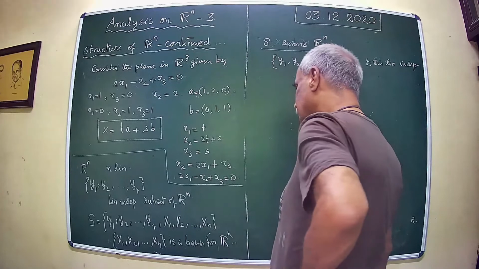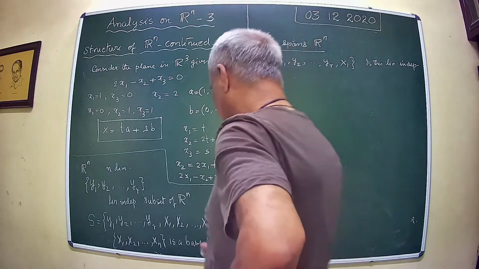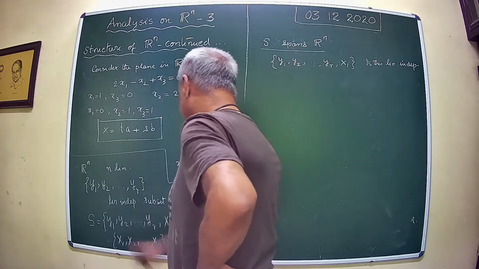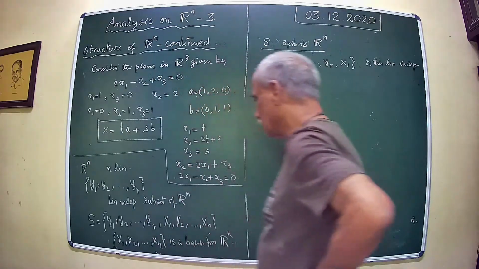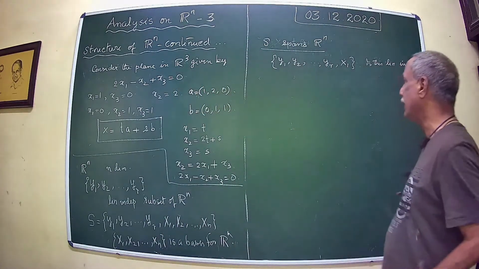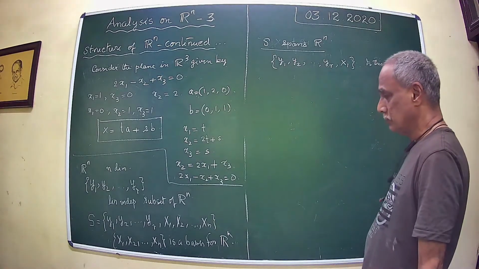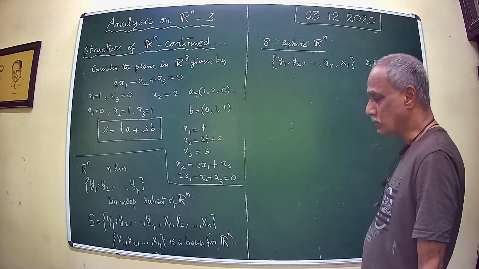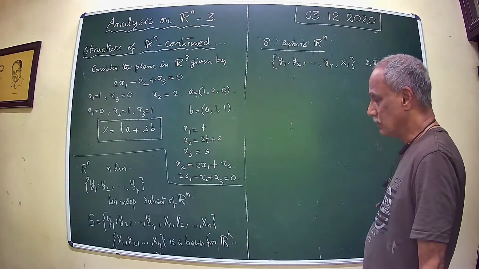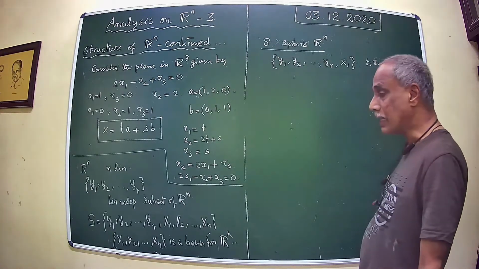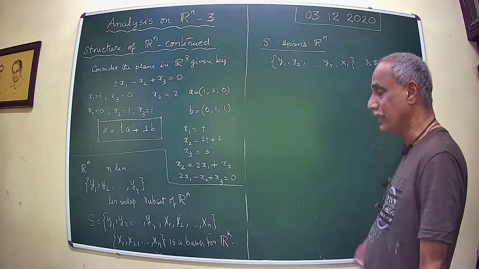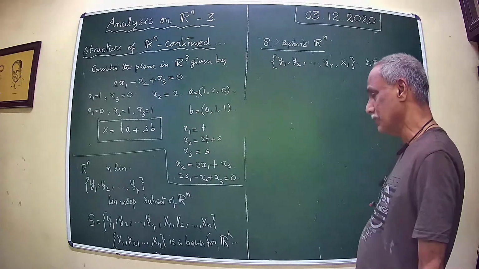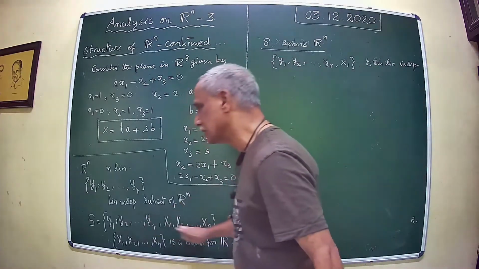If it is, you throw it out, otherwise you retain it. This process continues until you get n linearly independent vectors, so this process has to terminate.